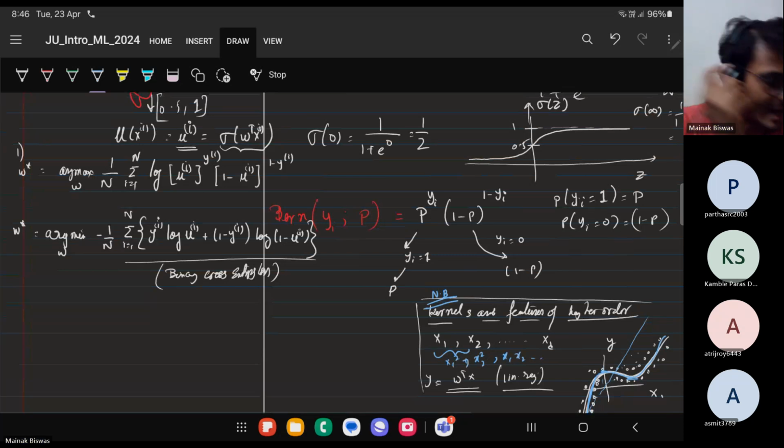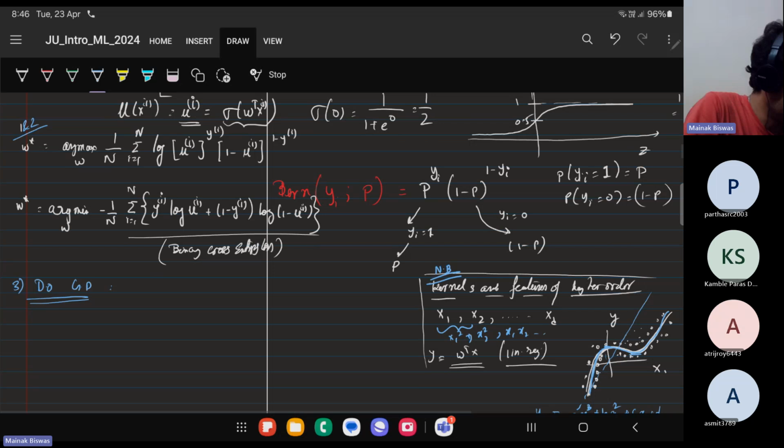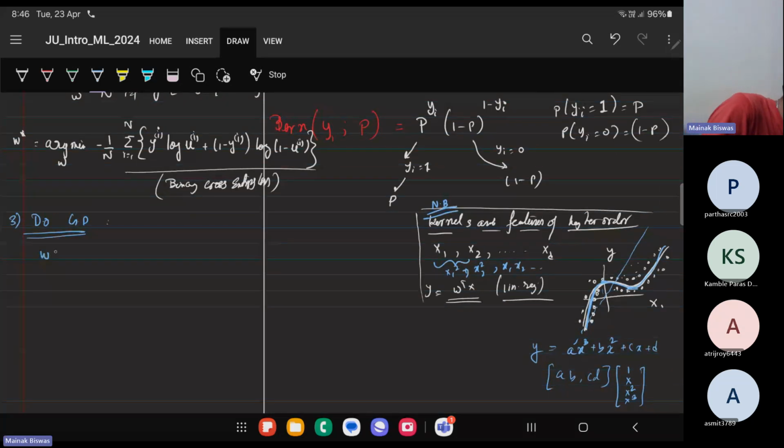So now I have to do gradient descent. So 1 and 2 is done. Number 3, do gradient descent. How do I do gradient descent? What is the step? For W, I will be writing it in angular brackets, the time point.